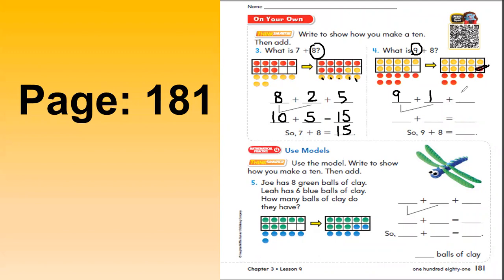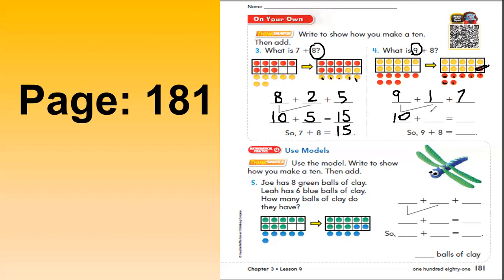Yes. But write this, fill in this also. So 9 plus 1 plus how many remaining outside the 10 frame? 1, 2, 3, 4, 5, 6, 7. Yes. So you have 7 more. So 9 plus 1 gives you 10.